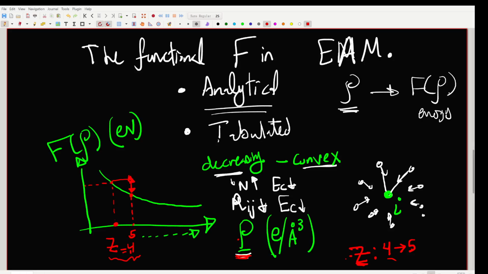Let me call this delta 1. Now, on the other hand, let me represent this with a different color, maybe pink. So suppose your neighbors were 12 and they became 13. On this graph, Z equal 12 is here, and then it became 13.